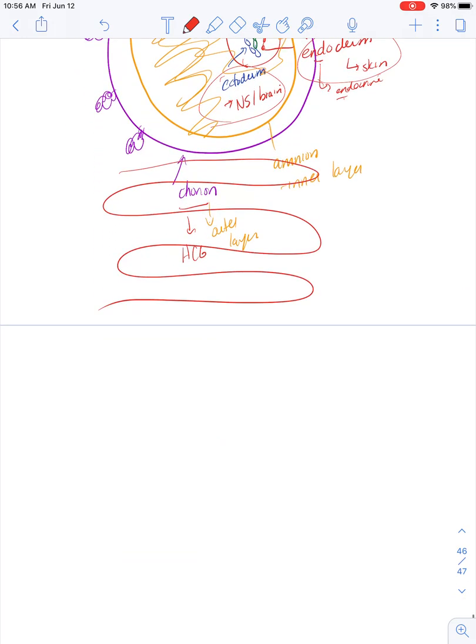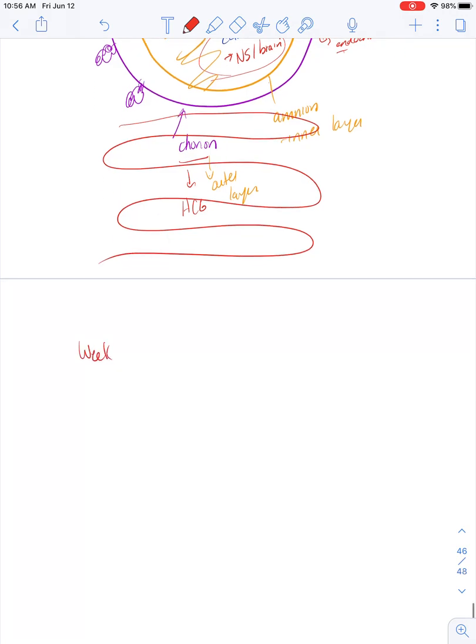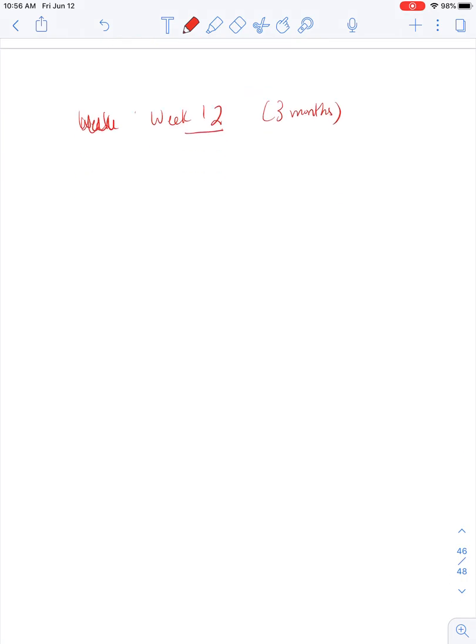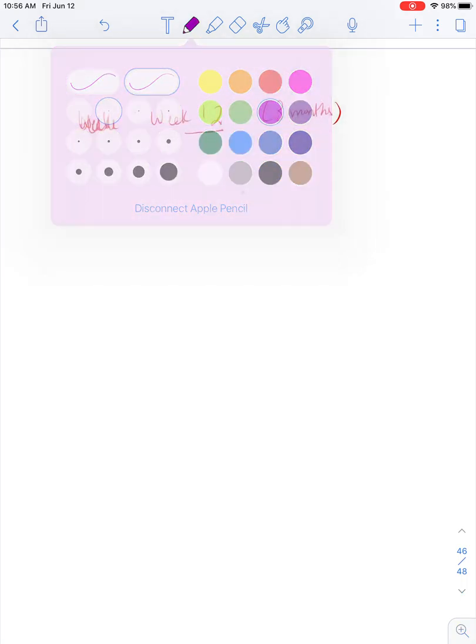So like this, let's just draw it on week 9. Or let's just draw it week 12, okay? So by week 12, you're about 3 months old. And by week 12, you're actually gonna start to see that there's a baby.